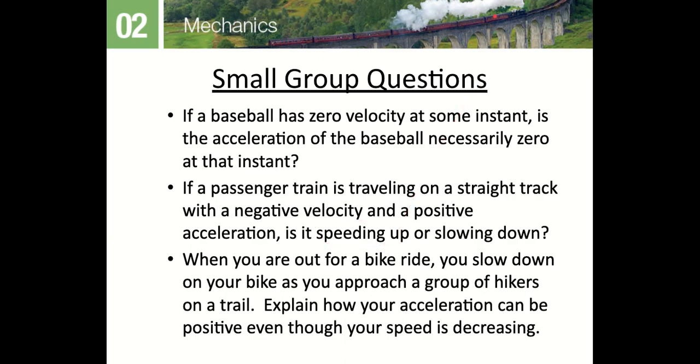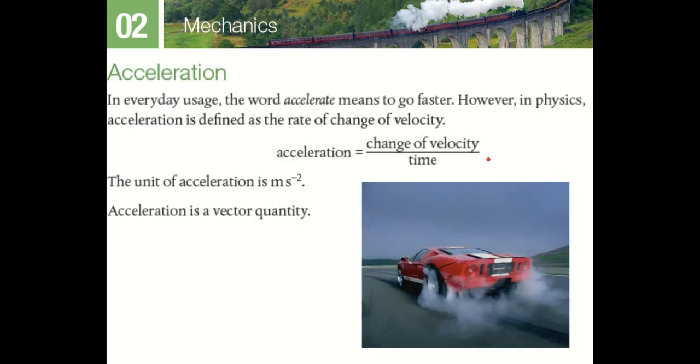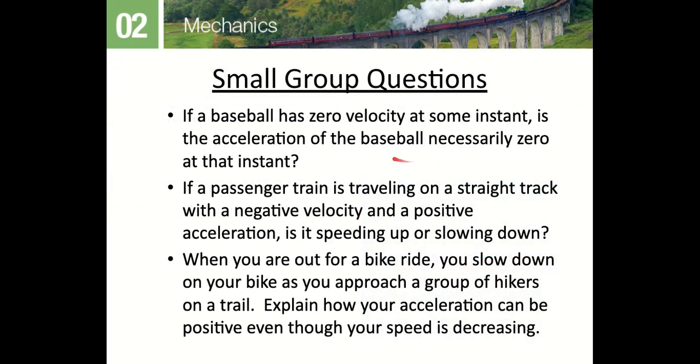If the train is moving in the negative velocity, which means it's moving backwards, right? It's moving to the left, shall we say. It doesn't have to be moving backwards. I should say that was wrong. It's just moving to the left or in the negative direction, whatever our coordinate system is. Okay. But it has positive acceleration. It means it's speeding up, it's changing its velocity, increasing its velocity. It doesn't matter if it's positive or negative. So on a right and left situation, it could be speeding up in the left direction or the negative direction.